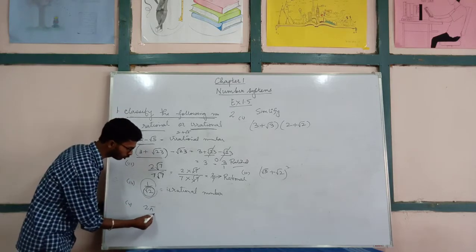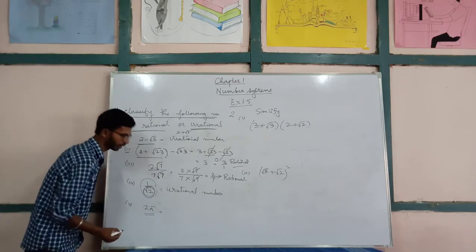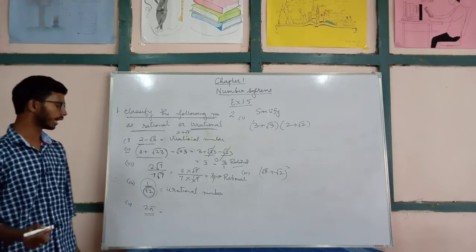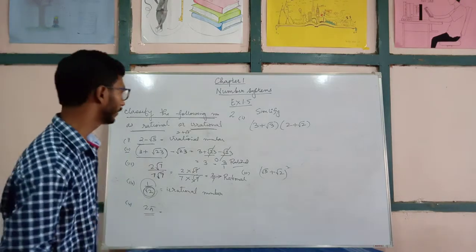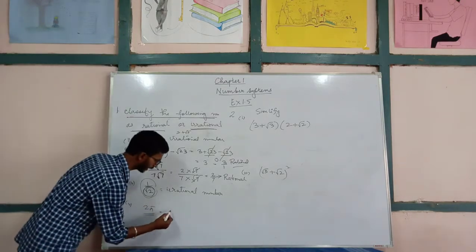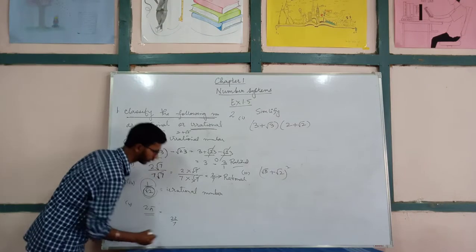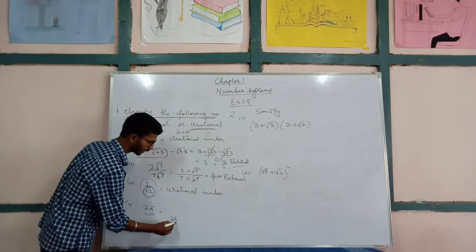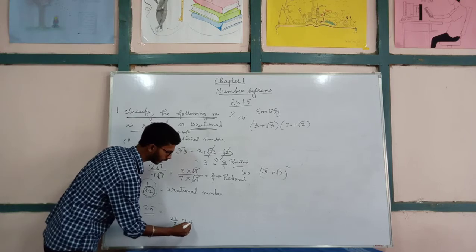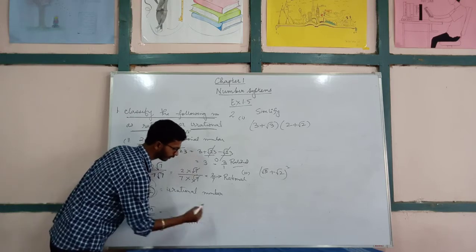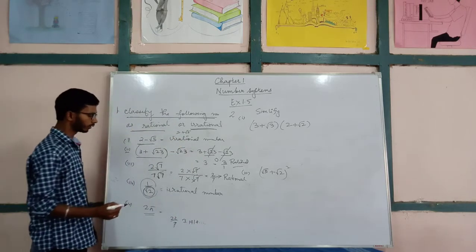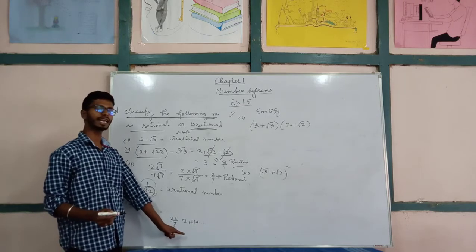The last one, 2 pi. Pi we use a lot in application problems, and the value of pi, we can say, is either 22 by 7 in fraction form, or 3.1414 and so on in decimal form. So this is also non-terminating and non-recurring.